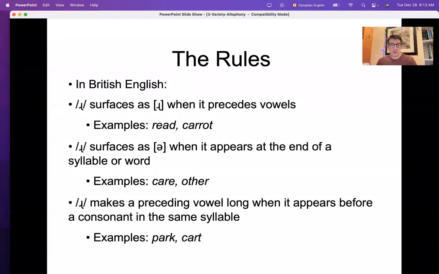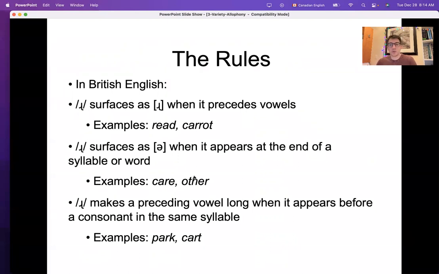Then finally, R makes a preceding vowel long when it appears before a consonant in the same syllable, such as park, caught, and therefore you don't have R. R does not appear there. Instead, it makes this vowel long. This R here is called prevocalic R because it precedes vowels.